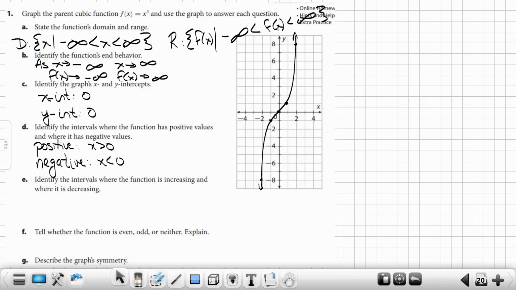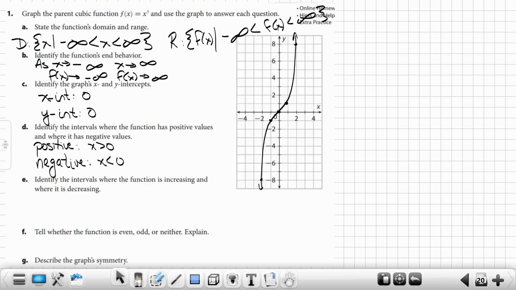It's increasing even past that. Samuel? 0 to infinity. Closer, even further than that. Sydney? Negative infinity to infinity, it's increasing. Remember, you're starting as a little dot on the far left. The far left is this arrow way down there, so I'm starting at negative infinity, way down there.